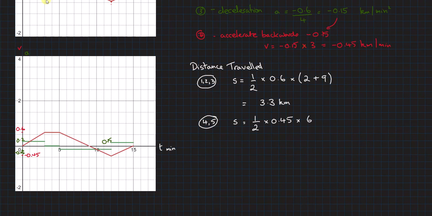So that gives me a total distance covered on that section of 1.35 kilometres. So what we can actually do is, first of all, the distance travelled is the sum of them.